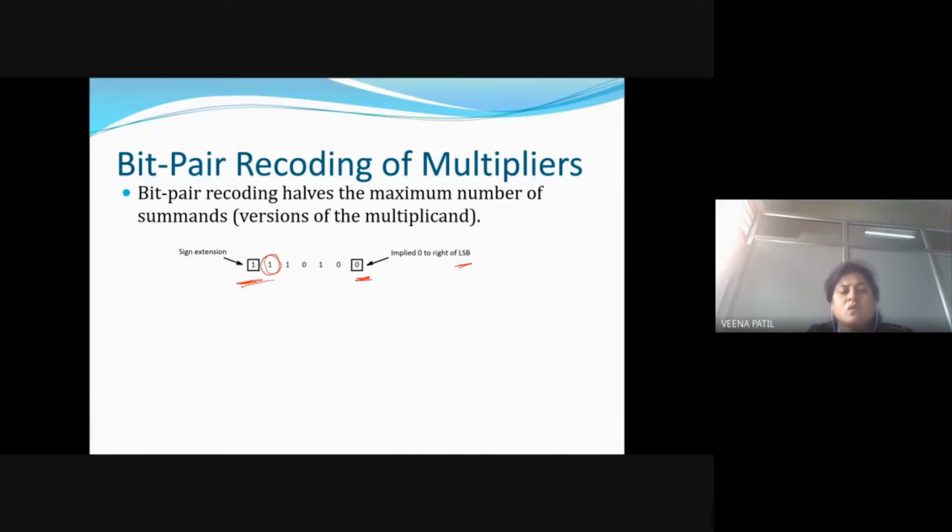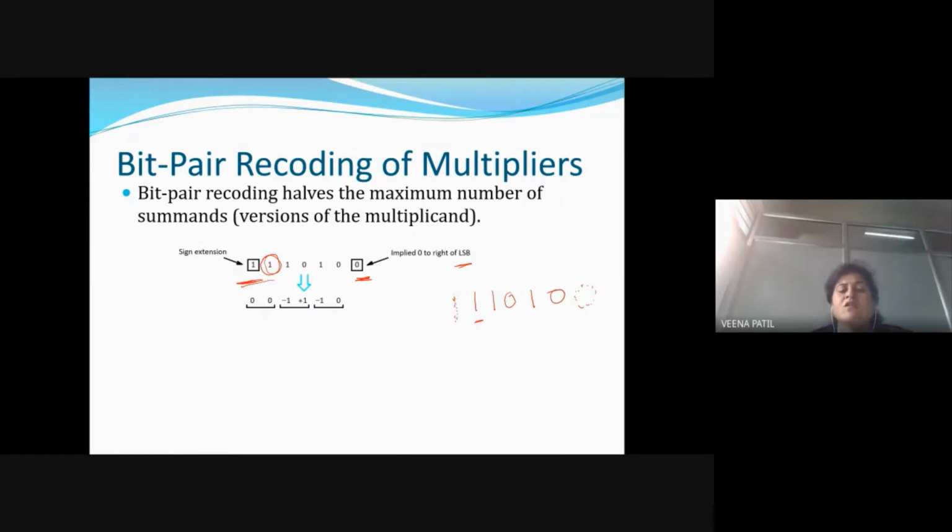So if it is a 5-bit number, that is 11010, we imagine an imaginary 0 here, and we imagine an imaginary bit here which is equivalent to the sign bit. If it is 1, then an imaginary 1 is there.